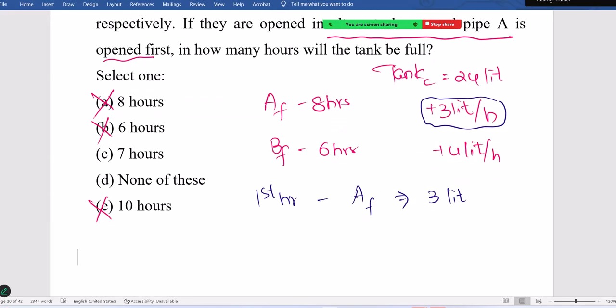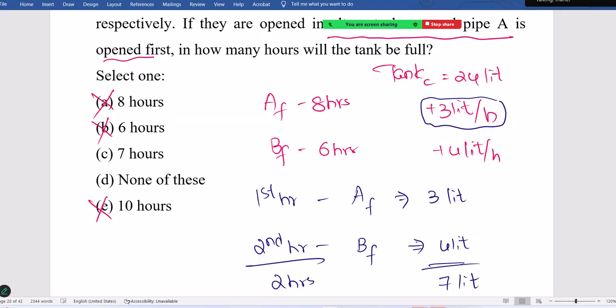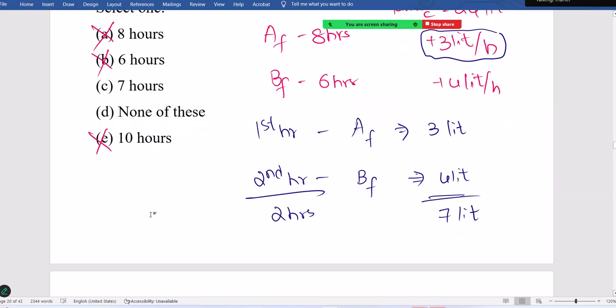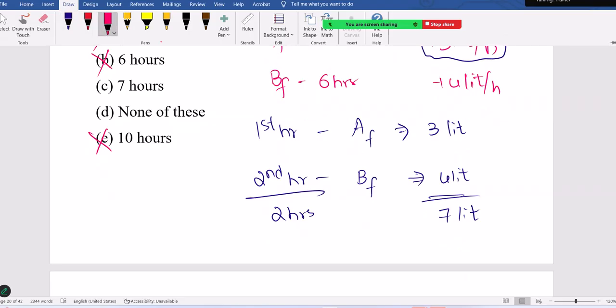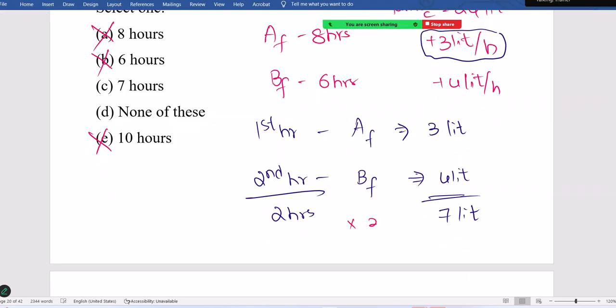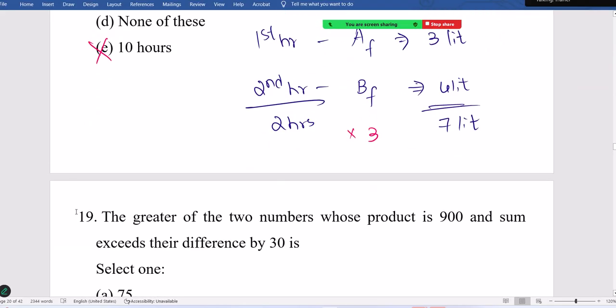So there is a clear instruction. Second hour B, 4 liters. So 2 hours completed, 7 liters are completed. Next 2 hours also 7 liters, next 2 hours 7 liters, like that. Every 2 hours 7 liters will come, because third hour A, fourth hour B, like that. You can multiply by 3. In 6 hours, 21 liters are filled.